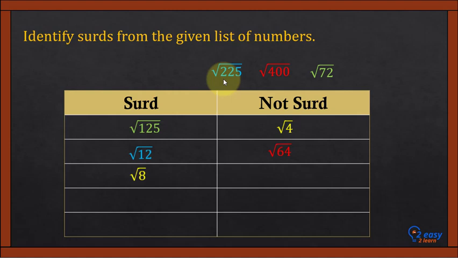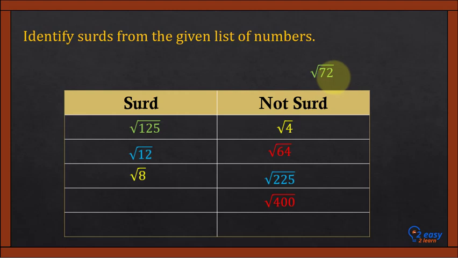Square root of 225. Think about it. Is its answer an integer or not? It is an integer, so it is not a surd. Square root of 400. Its answer is 20, so it is not a surd because 20 is an integer. Square root of 72.